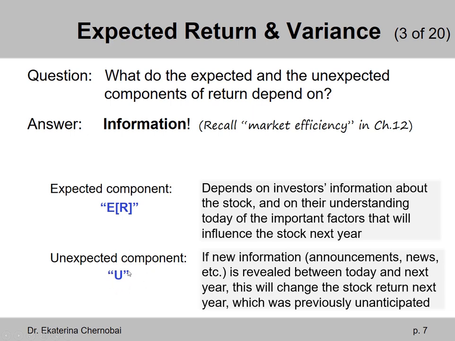So why would that discrepancy between the expected and the actual returns be? It would happen because of any new information, such as announcements, news, etc., that would be revealed between today, when the prediction is made, and next year, for which we were trying to make the prediction. And it will change the stock return next year, which was previously unanticipated.